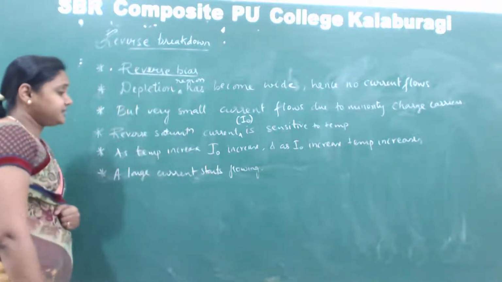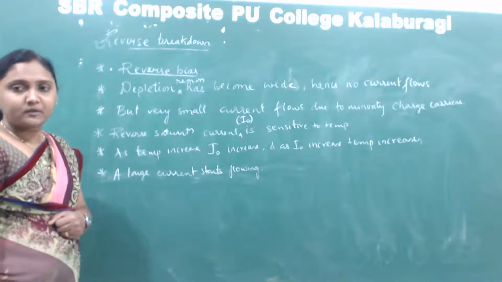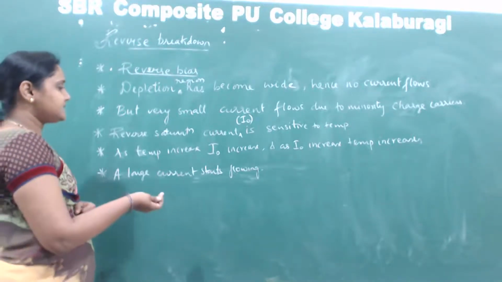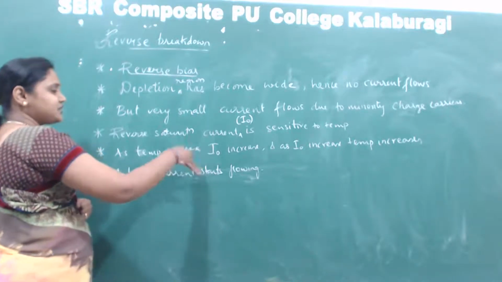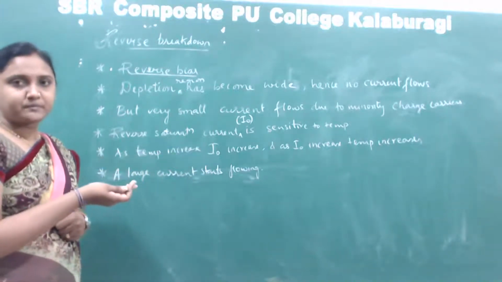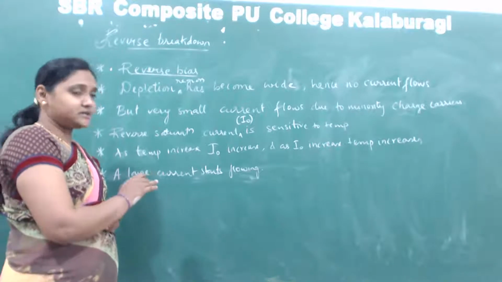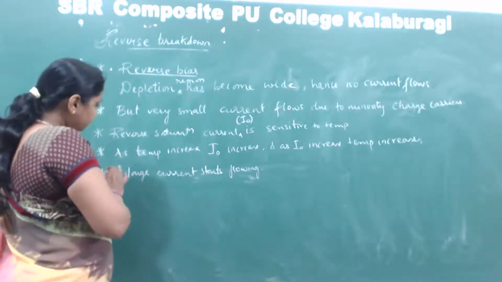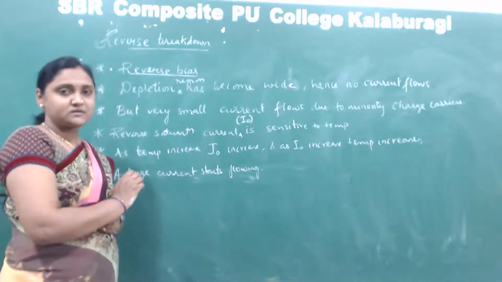A large current starts flowing. Abrupt means it cannot be controlled. This is due to the increase in temperature and hence the increase in reverse saturation current, and again an increase in temperature and again an increase in reverse saturation current. So it depends on temperature and happens due to temperature itself.